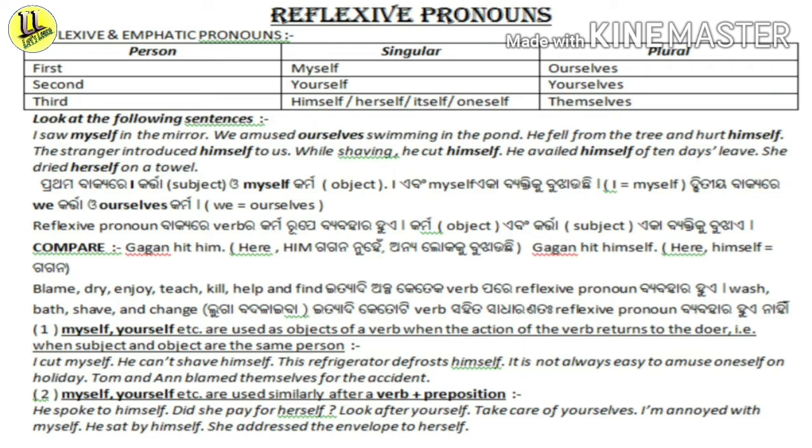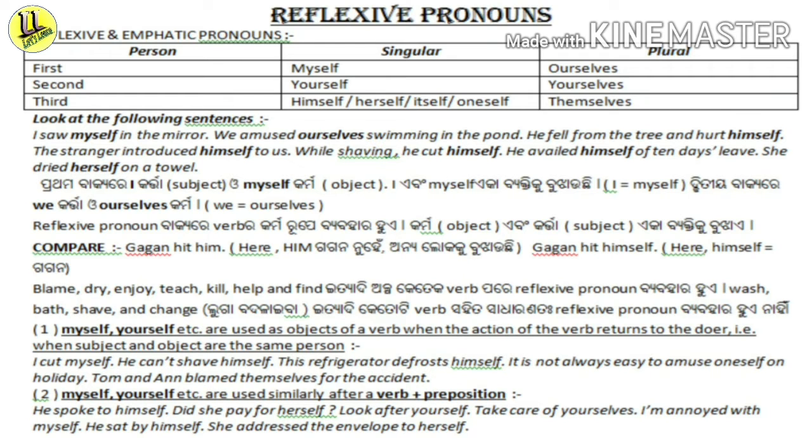Now, first you see there is a table which shows 3 columns. The first column is about person, the second is about singular number, and the third column is about plural number. These reflexive pronouns are also called self-form pronouns. For the first person singular, the pronoun is myself, and for plural, it is ourselves.